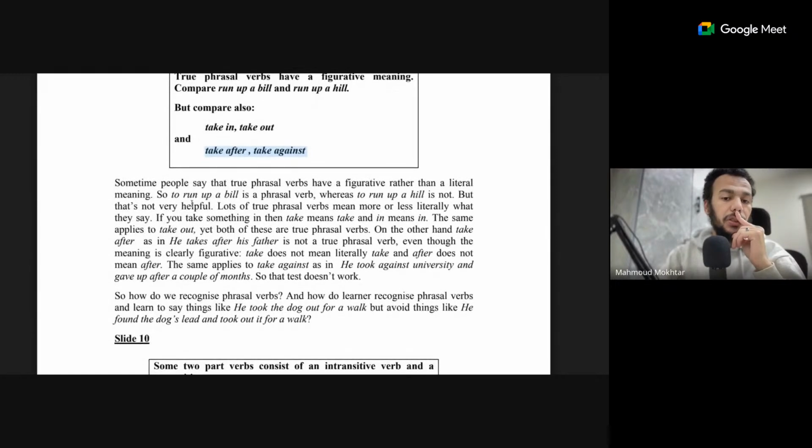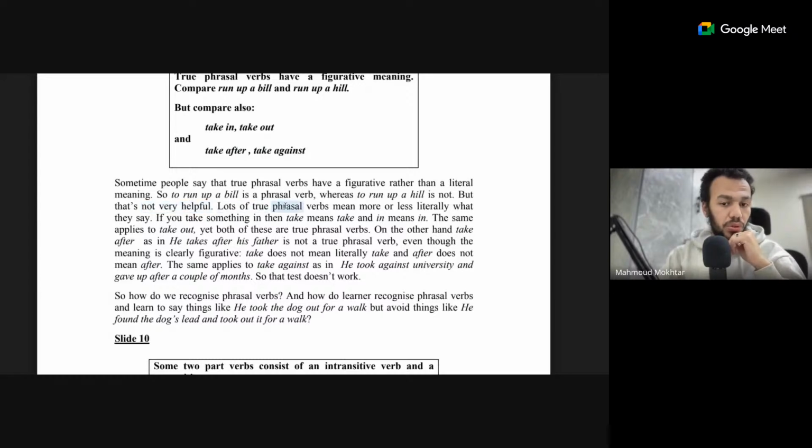Sometimes people say that true phrasal verbs have a figurative rather than literal meaning. So run up a bill is a phrasal verb, whereas run up a hill isn't. But it isn't very helpful.